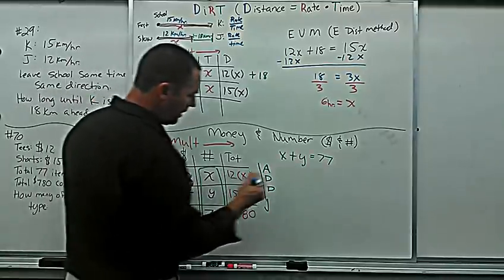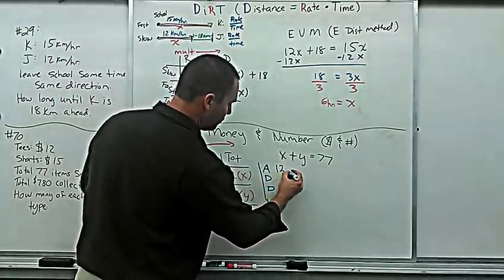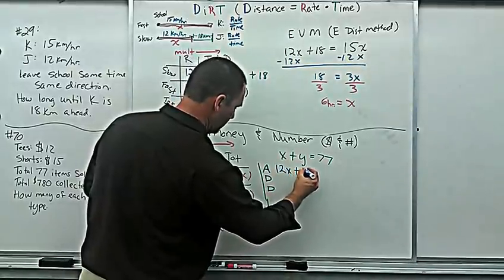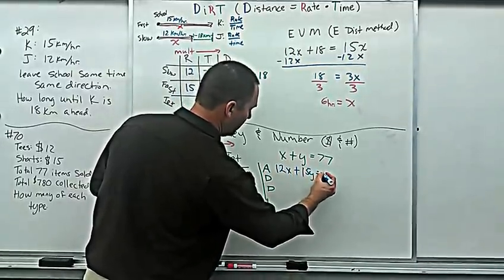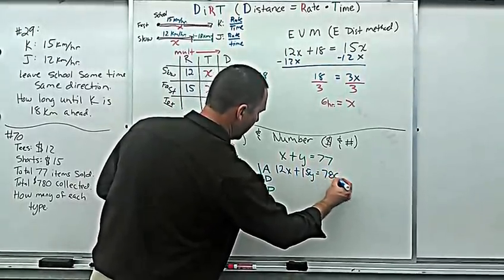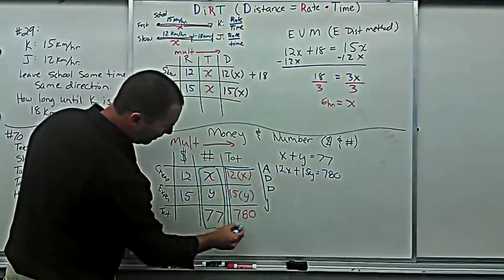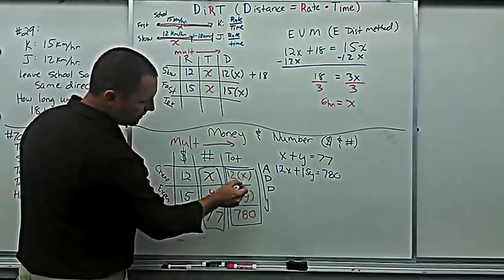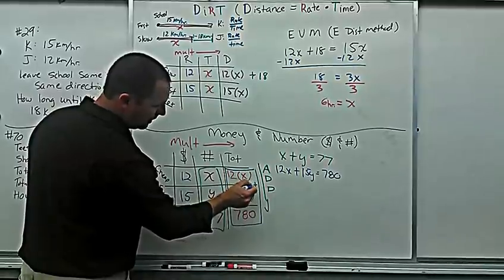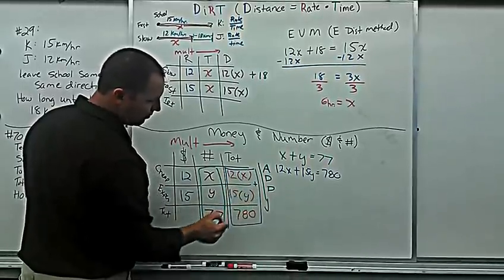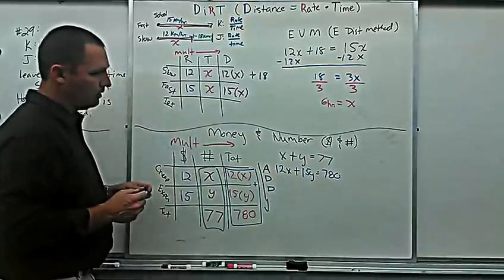And then I also have 12x plus 15y equals 780. And that was this column right here. So it's this column plus this column equals that one. And so there's my two equations.